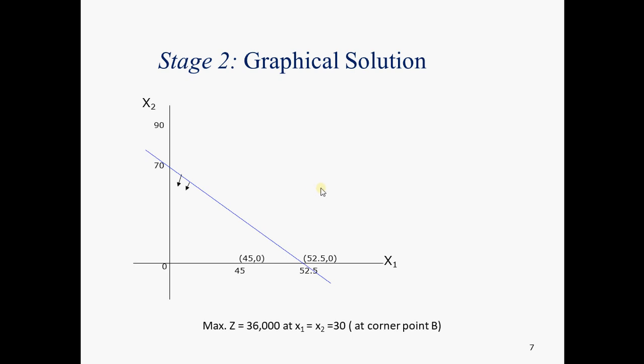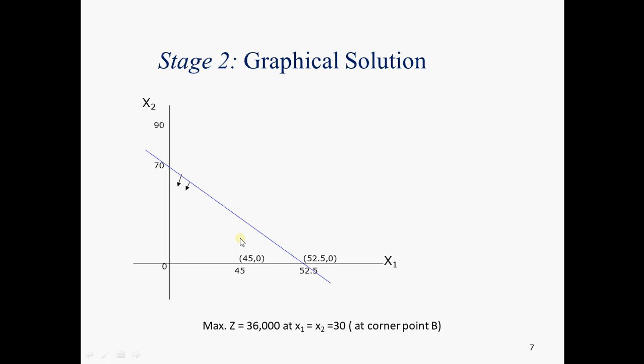Now the solution space or feasible region considering only this constraint is this whole triangle. Why? This is x1; x1 greater than or equal to 0 means this side, and x2 greater than or equal to 0 means here. But you have one more constraint.